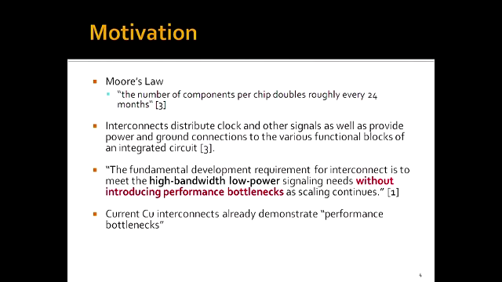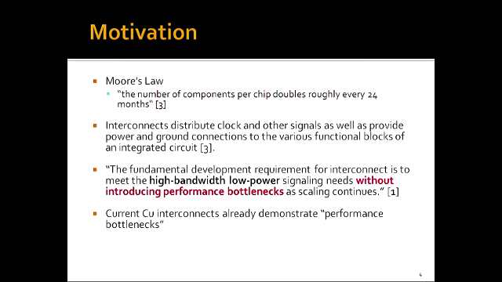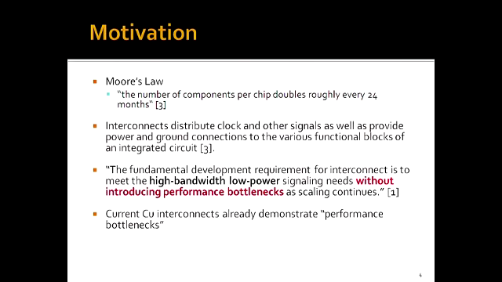An example would be a speed bottleneck that results from a combination of gate delay and interconnect RC delay. And the RC delay becomes dominant and increases with the decreasing feature size. So that would be an adverse effect on the interconnect.